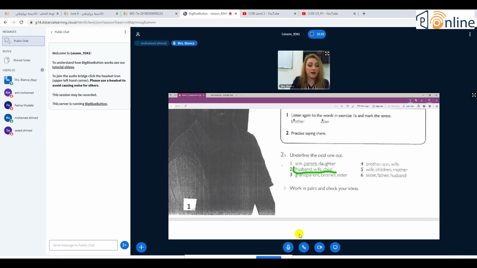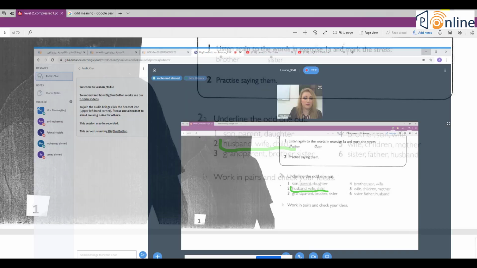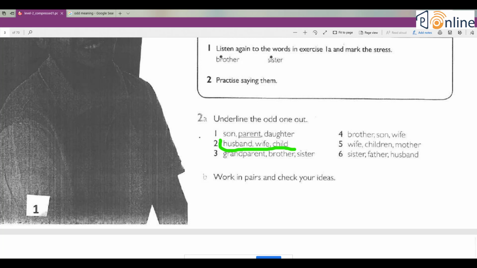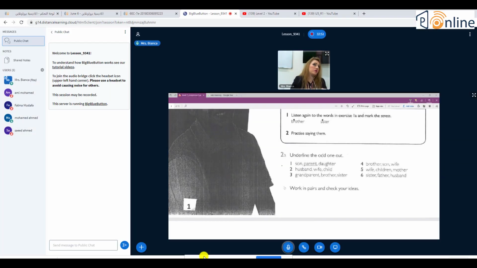We are right there at number 2. Husband, wife, child. Wife. Well, let's see why you think the wife shouldn't be there. I think husband, boy, male. Yes. Child, male. Wife, woman. Yes, you have just expressed your opinion, but let's look at the word child. When I speak about the word child, I say he has a child.